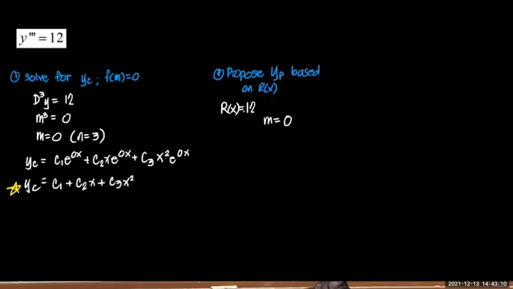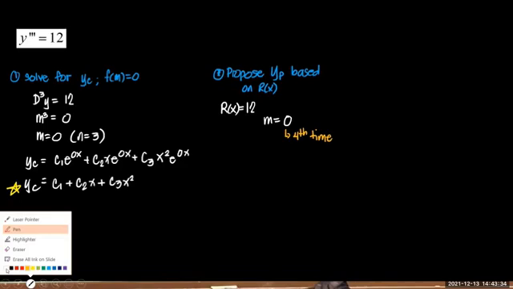So that means if I equate this to 12, and the 12 does not contain any exponential functions, that means m is equal to 0. This is actually the 4th time m equals 0 has appeared.